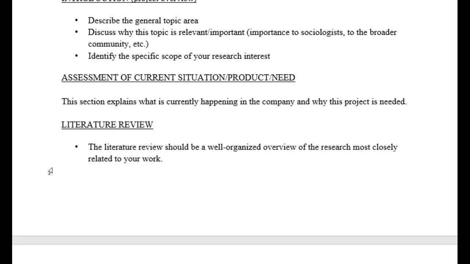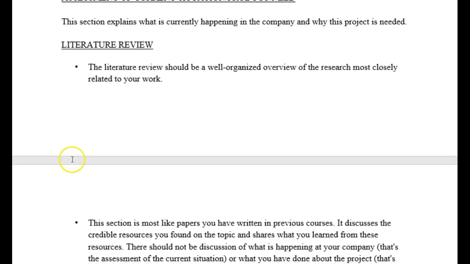Okay, that doesn't have anything to do with training. So you want to make sure the literature review is research that is closely related to the problem that you've identified in section 1.